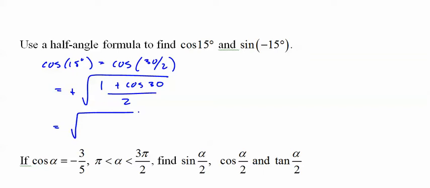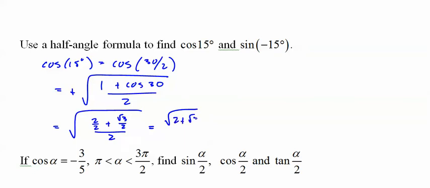Equals square root of cosine of 30 is root 3 over 2, so 2 over 2 plus root 3 over 2 all over 2. 2's drop down, we take square root. So we get square root of, well, this is hideous, 2 plus root 3 over 2. Can't be serious with this. Yes, yes, we can.